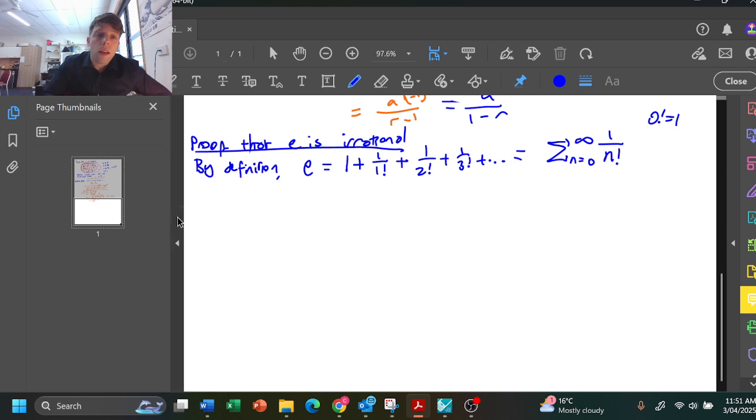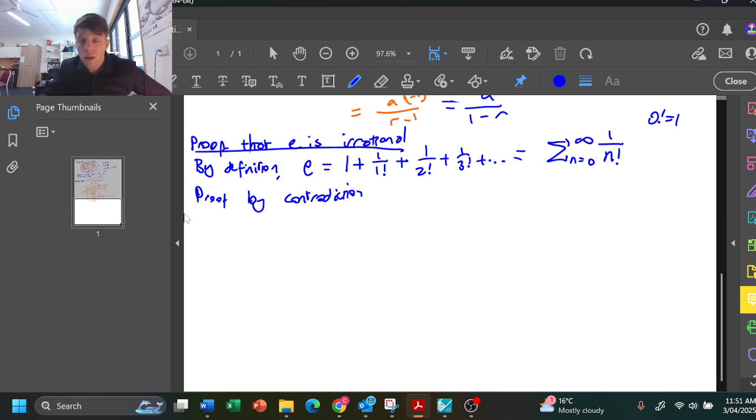Okay, now the method of proof that I'm going to use here is something called a proof by contradiction. And the way that this proof works is we're going to assume that the opposite of what we want to show is true, and then we're going to use that to find that there's some issue with how we go about our reasoning.